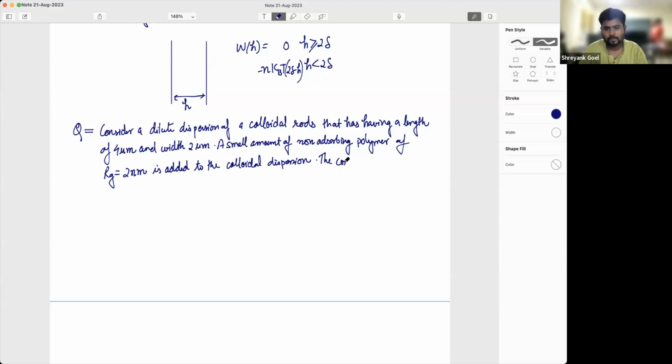The concentration of the colloid polymer mixture is 10 to the power 20 molecules per meter cube.